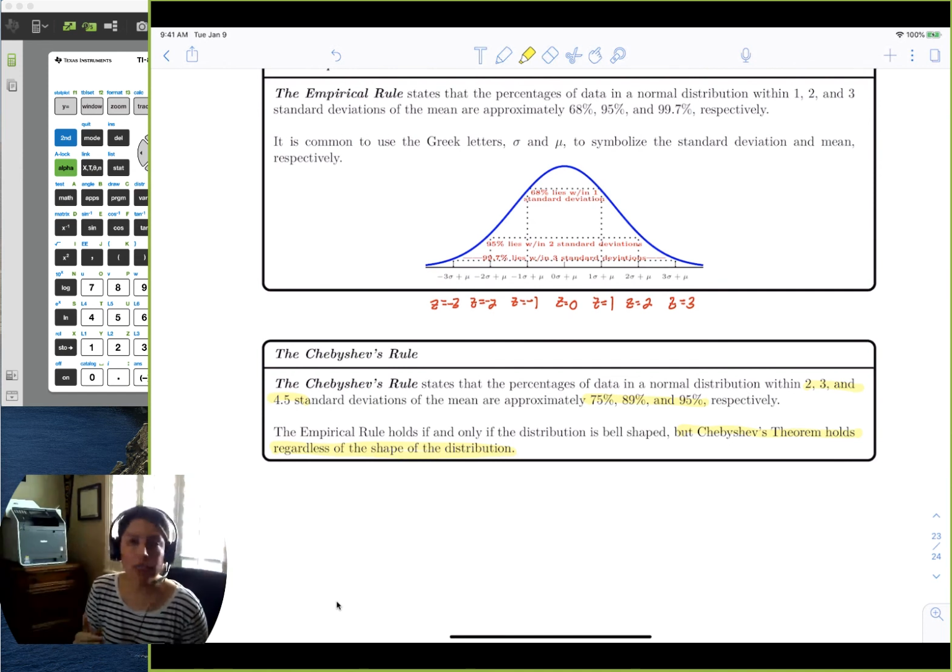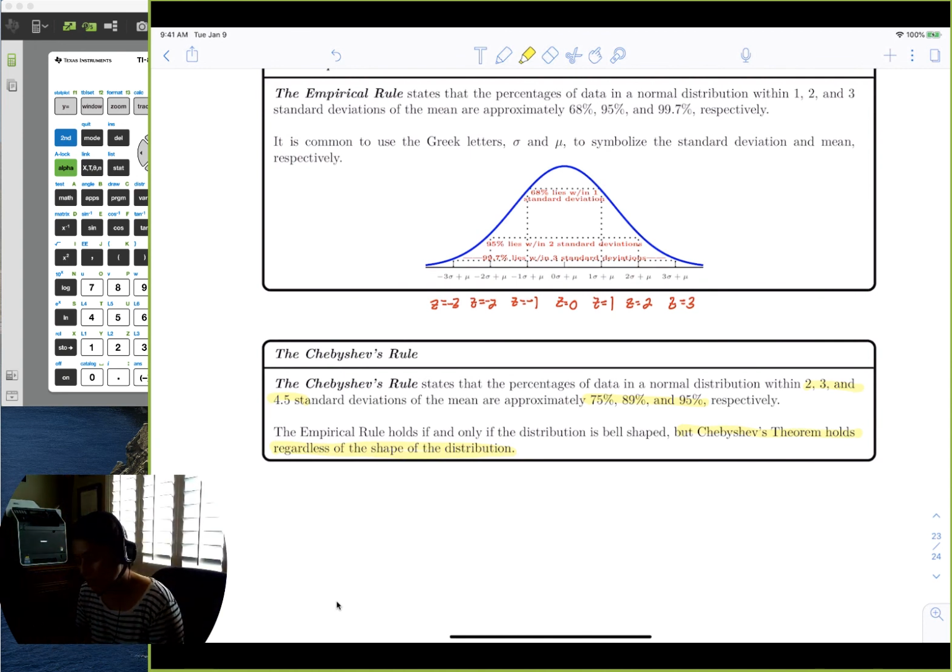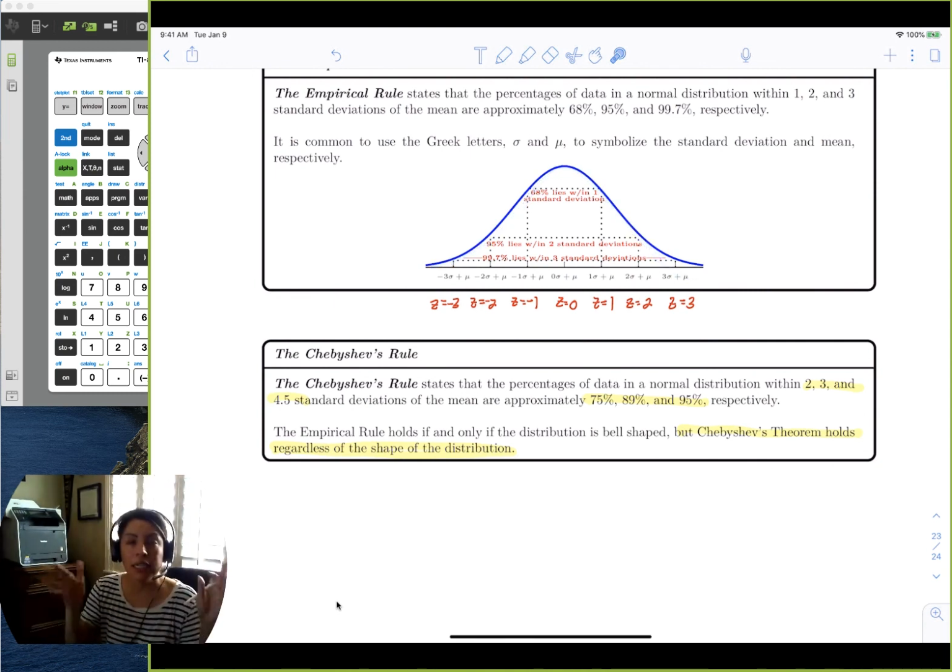I don't care what you look like. You're skewed left, skewed right, you're uniform, or you're bell shape. Chebyshev's rule is guaranteed. If you know that your data makes this nice bell shape, then you're guaranteed to have tighter intervals. And it just depends. If you don't know the shape, then use Chebyshev's rule. If you know the shape of your data, use the empirical rule if it's normal. It's that easy.